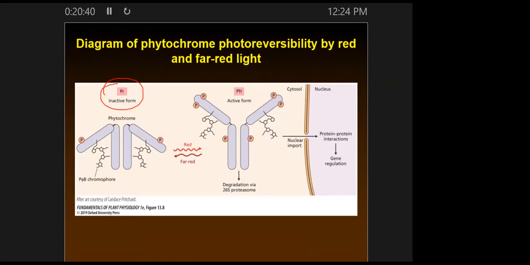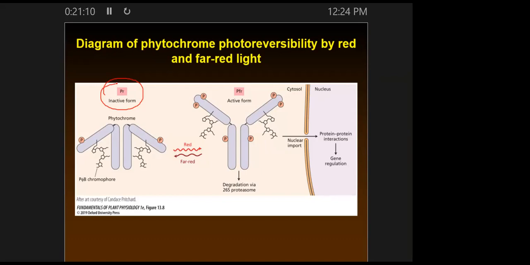In that shape, it likes to absorb far red light. So if you were to shine far red light on it, it would then collapse back down into what almost looks like the letter M. M to Y, if you want to think of it that way, it's fine.